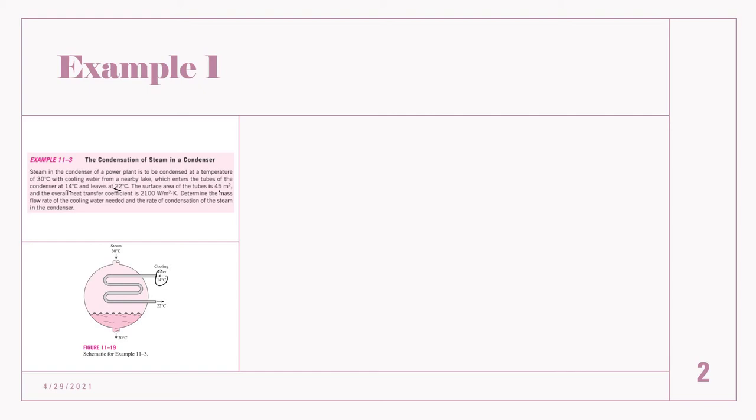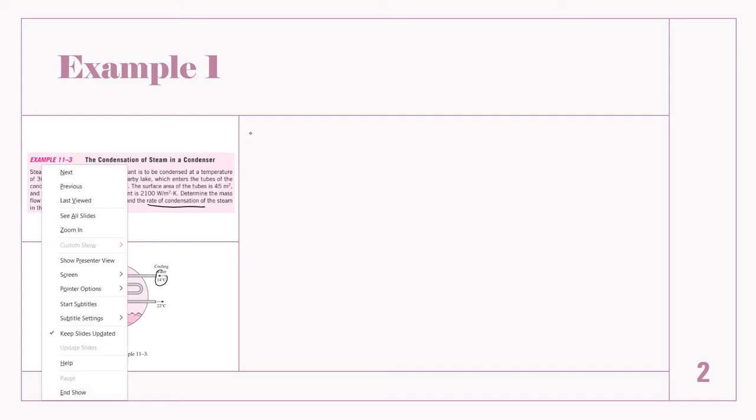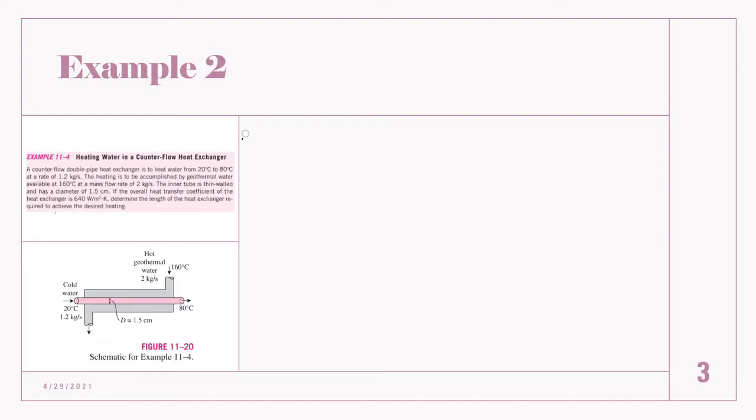The surface area given is 45 meters squared. The overall heat transfer coefficient is 2100. This question needs you to determine the mass flow rate of the cooling water needed and the rate of condensation of the steam in the condenser. So we need to know Q and also m.